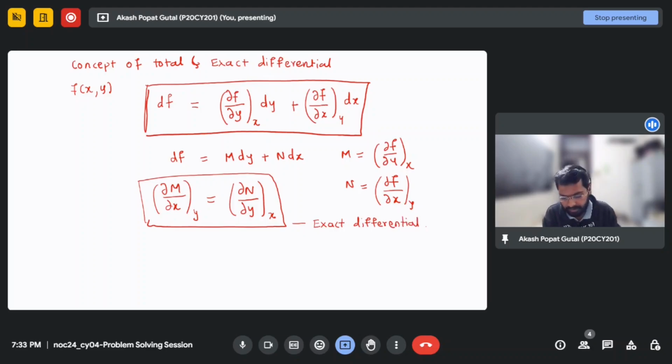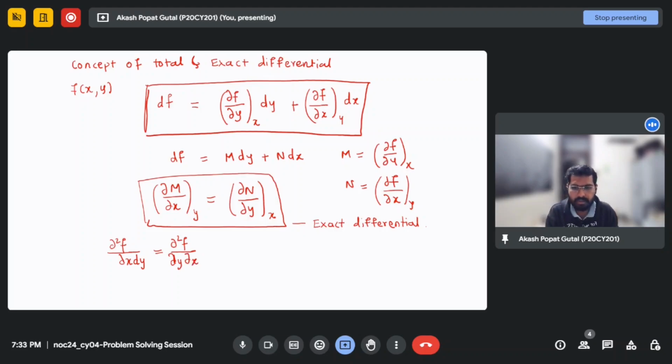The general meaning of exact differential is that the change in the given function, while first changing x and then changing y, should be the same as first changing y and then changing x.